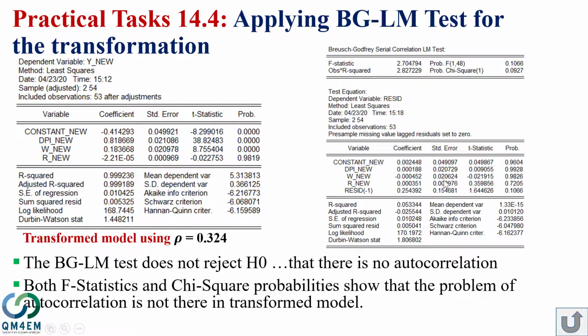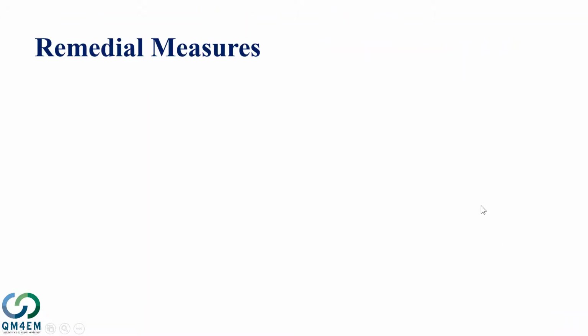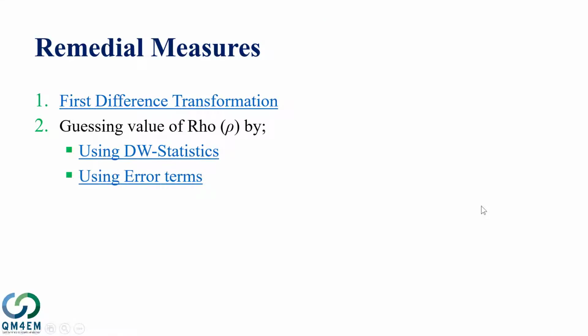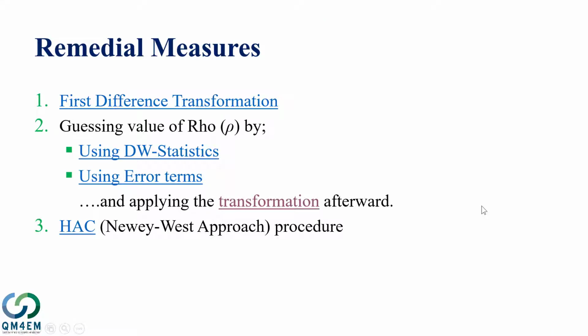So having applied the BG LM test to the transformed model, let's go back to our original slide. We were discussing the remedial measures for autocorrelation, and we saw that if we know the rho value, using the Durbin-Watson d statistic or using the error term, we can apply a similar kind of transformation mechanism that can solve the problem of autocorrelation.